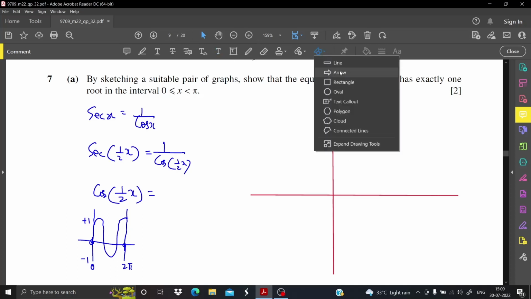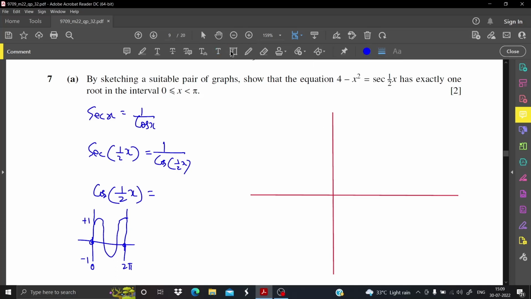So what you can do is, 1, 2, 3, 4. This is 1 and this is -1. Now this is pi, 2 pi, 3 pi, 4 pi.